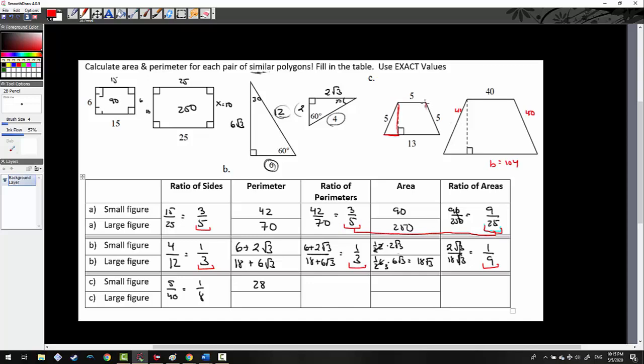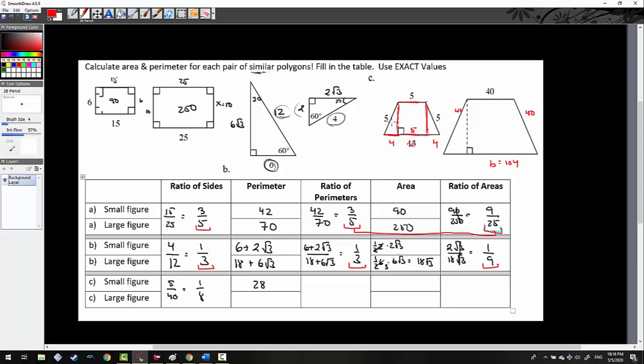Well, luckily, it's a regular trapezoid, which means these guys are going to be equidistant apart. And if this piece up here is 5, that only leaves 5 here, making the 13 a 5, leaving 8 units left over to divide evenly between the two triangles. And what that allows me to figure out is the height of this trapezoid.